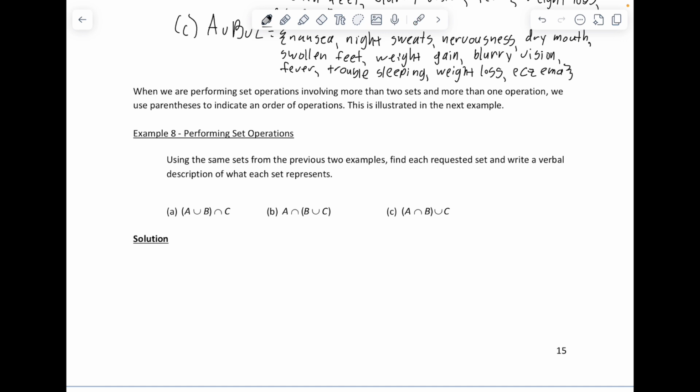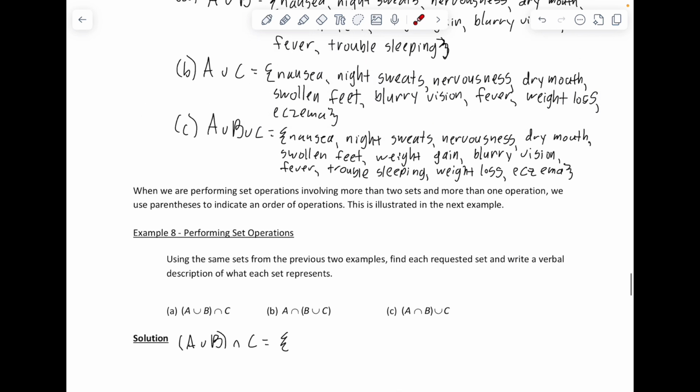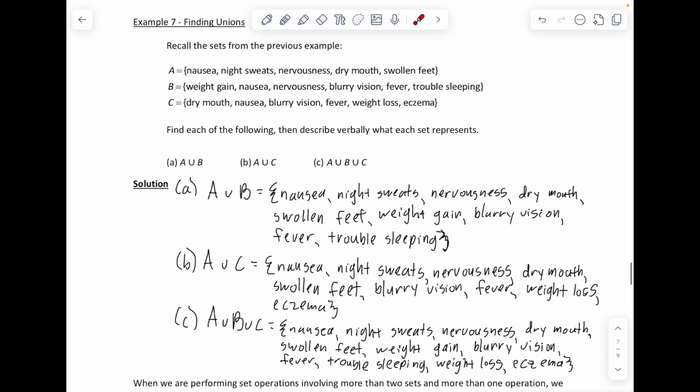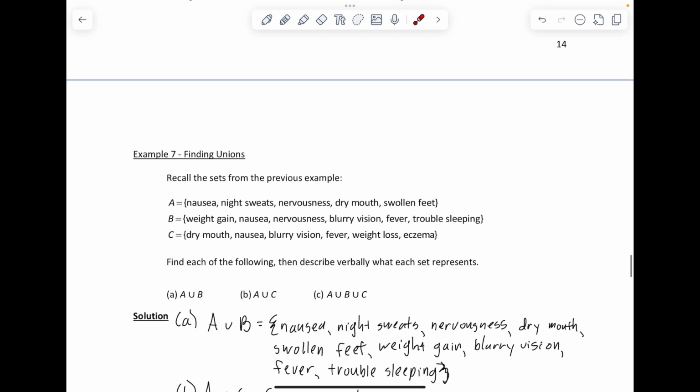So let's see, we've got (A union B) intersection C, right? This is where it might be helpful to kind of back up. So A union B we found right here, right? And we want to basically figure out which elements are shared in common between this set and set C, right?